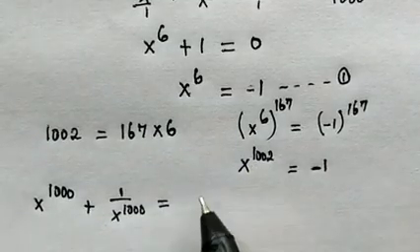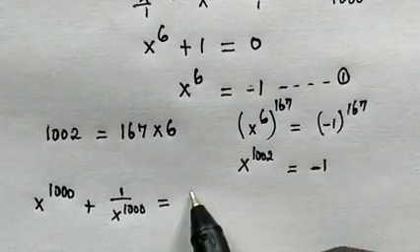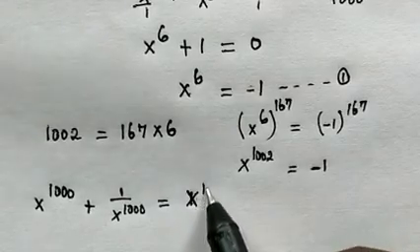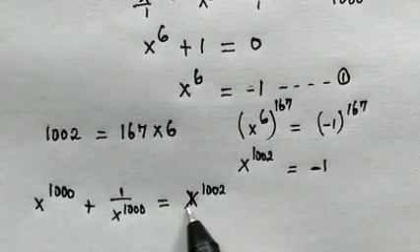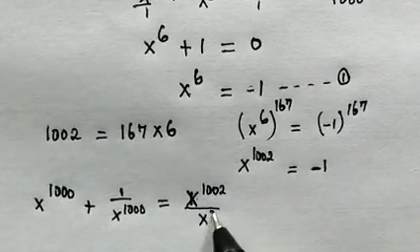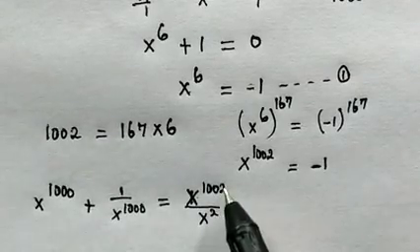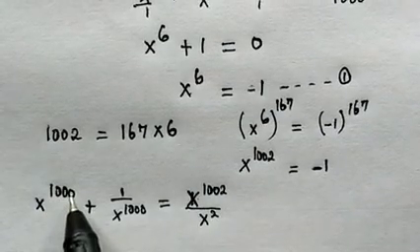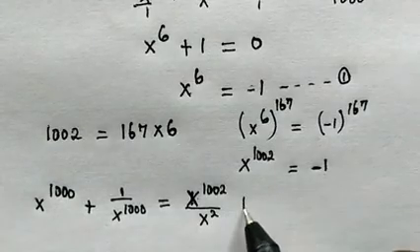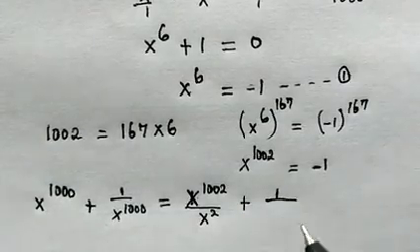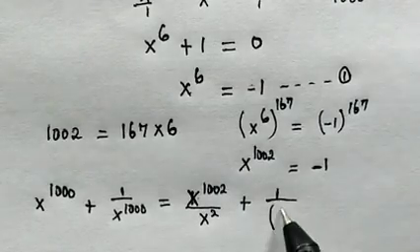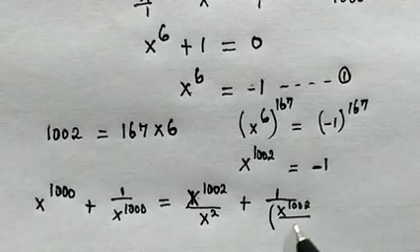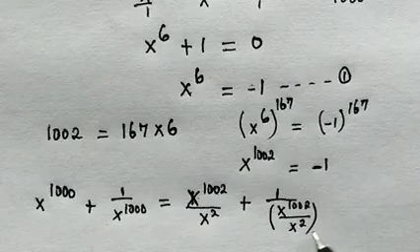So here we can write x to the power of 1000 as x to the power of 1002 divided by x squared. You know, when you subtract the powers, we get 1002 minus 2, which will give us this 1000 as a power. Then plus 1 all over, so here we do the same thing, but put bracket x to the power of 1002 divided by x squared.